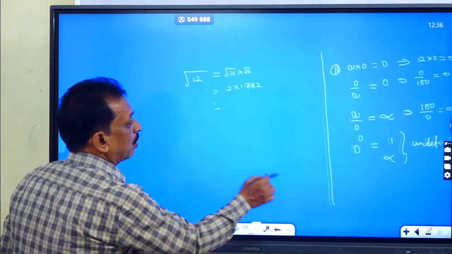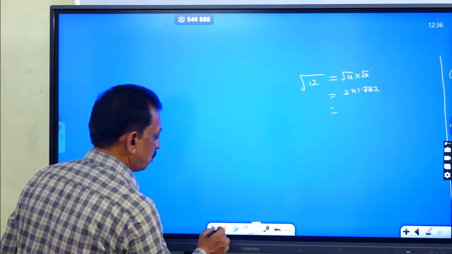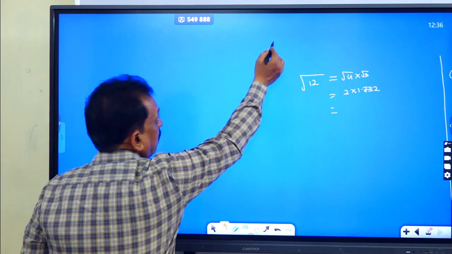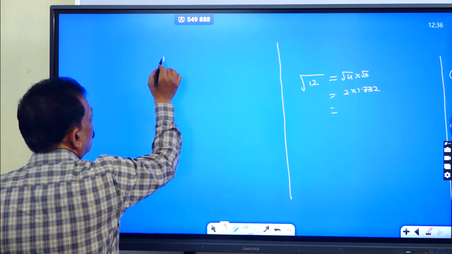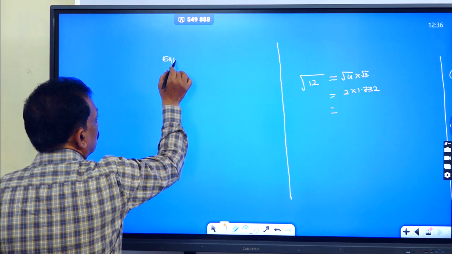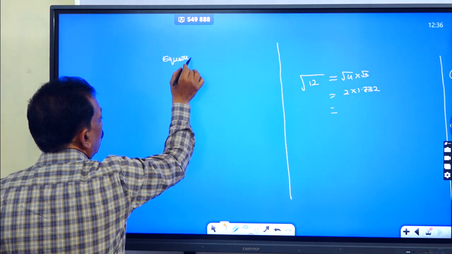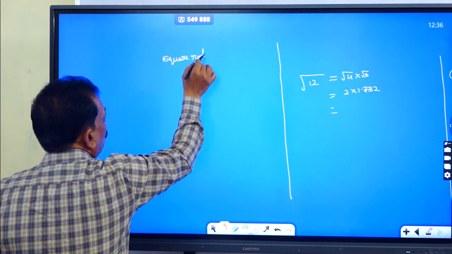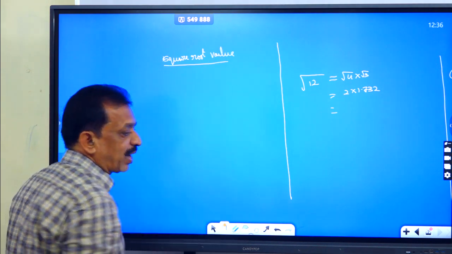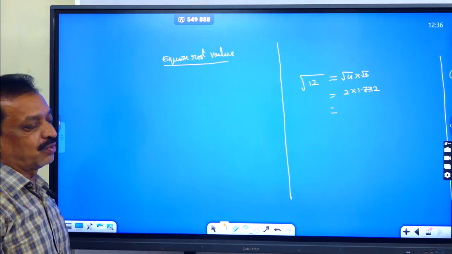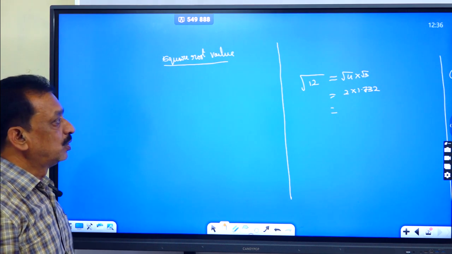Okay. Now write the square root values. Write a small subheading: square root values. We already simplified, and I kept them in a separate value form.